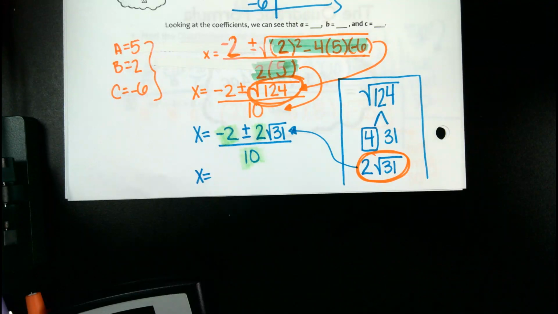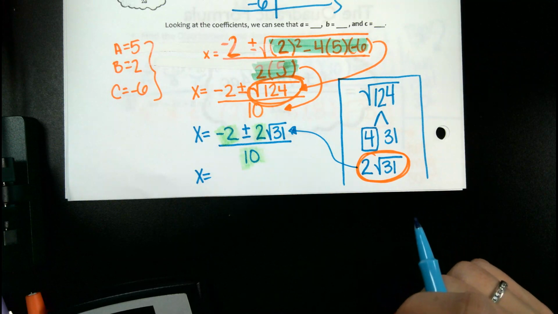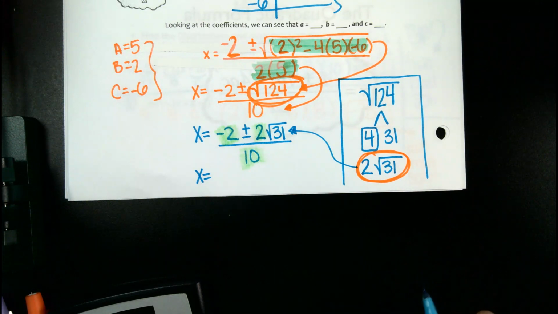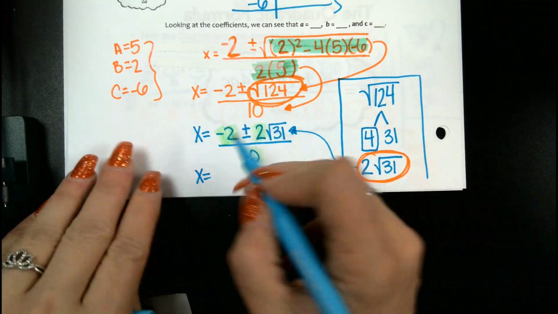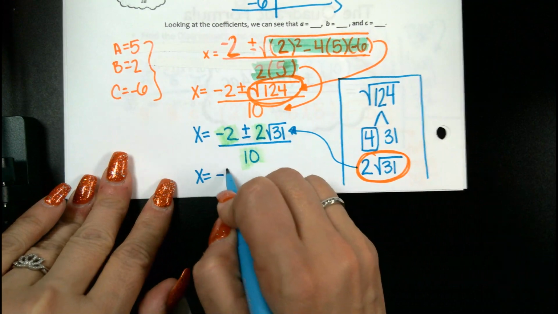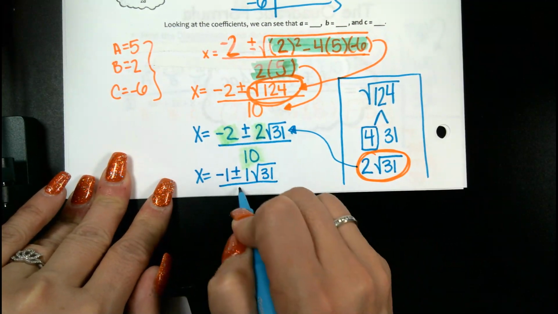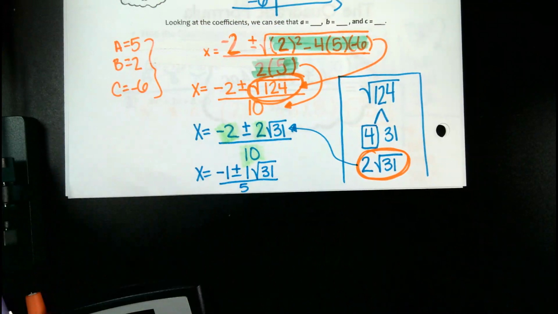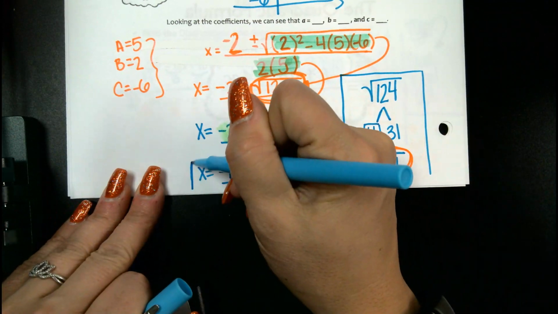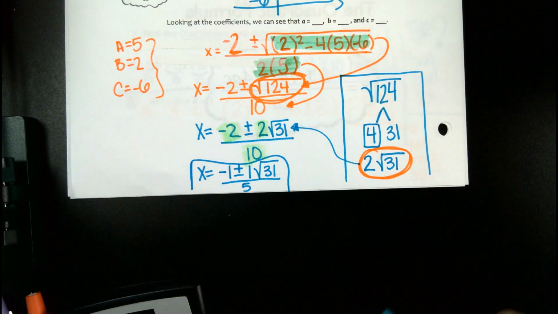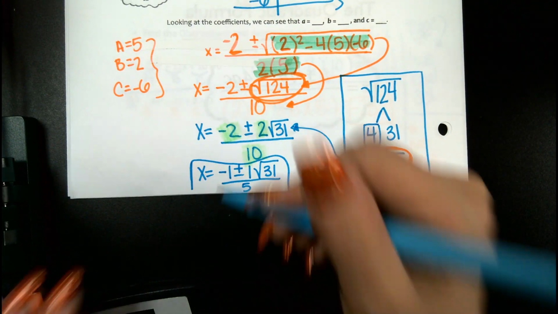The 31 is not allowed to be touched because it's protected by the square root sign. It's under the square root, so it can't be touched. So these are all going to be divided by 2. Just cut them in half. Leave the 31 alone. There's your final answer. So that would be read as -1 plus or minus 1 square root of 31 divided by 5.